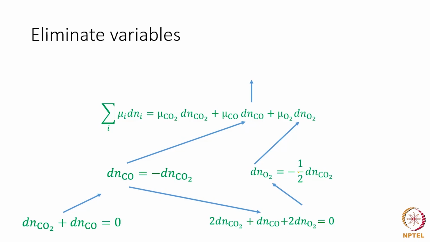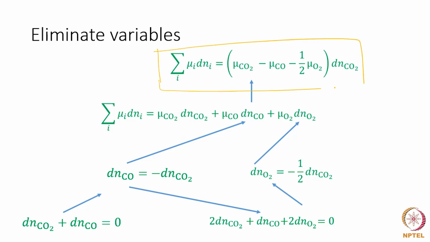So when we combine and eliminate the remaining 2 quantities, the expression comes out as follows. We can see that the term mu i dNi is expanded to contain this term as common, and the coefficient comes out to be so.